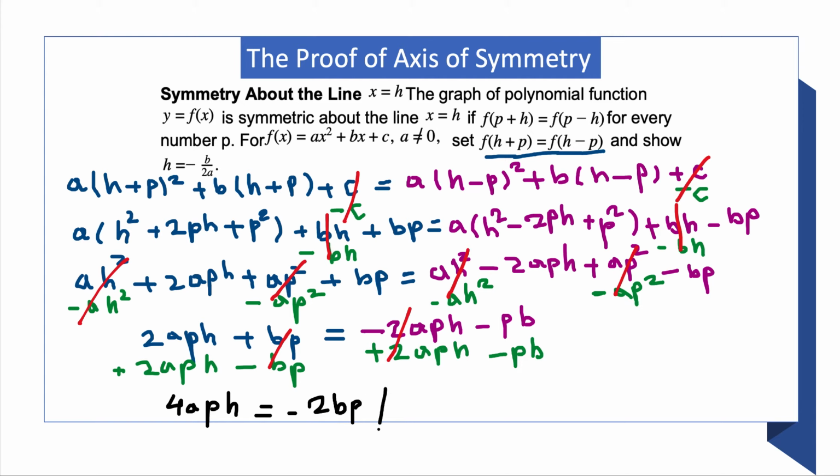But because I have here the same p, I'm going to divide everything by p. And when I divide by p, I divide this side by p, and I divide this side by p. So it turns out this p is going to simplify, and this p is going to simplify, and what remains here is 4ah, and is equal to minus 2b.